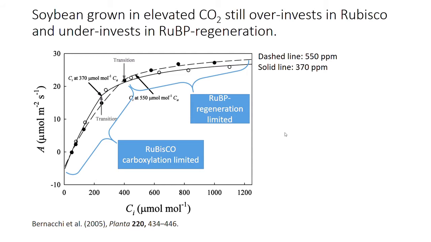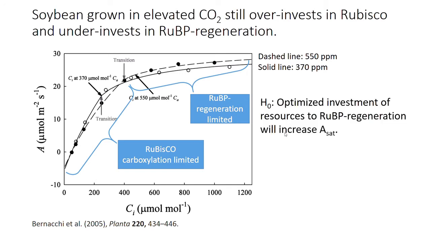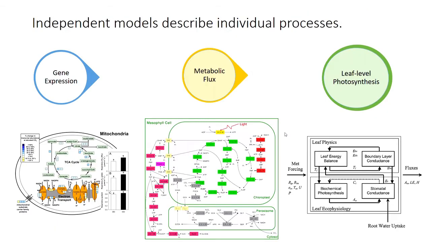What this means is that even though light saturated net leaf CO2 uptake, or what we call Asat, increases, it doesn't achieve the theoretical maximum determined by the Farquhar model of photosynthesis. So a hypothesis that has come out of these observations from the SoyFACE experiment is that re-optimized investment of resources away from rubisco and toward RuBP regeneration may increase photosynthetic efficiency and potentially yield.